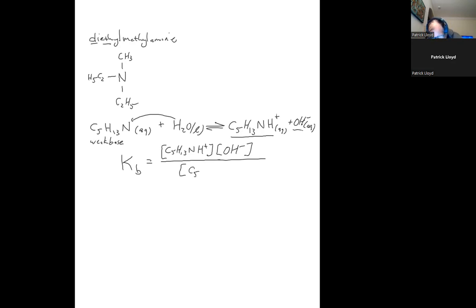It's as simple as that. Of course, water is not included because it's a liquid. And there you go, there's the equilibrium expression for this particular weak base. It does have a Kb value that we could look up. Let's see if we can find another one.